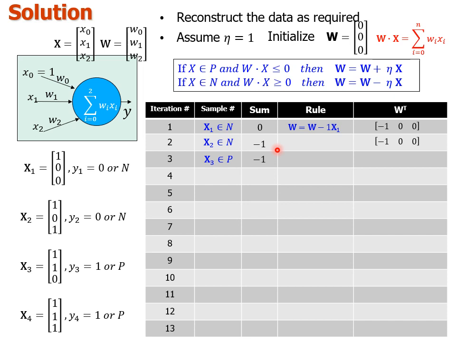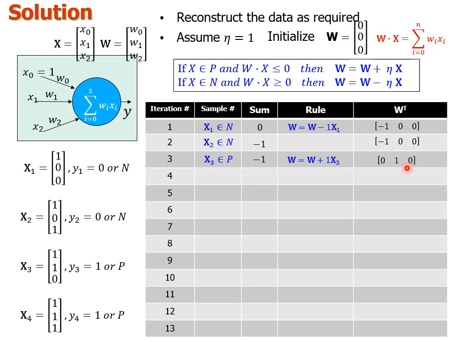Now as x3 belongs to the positive class and the summation is negative, that means there is a mismatch of the original label and the computed label, and hence we need to update the weight vector as w equal to w plus 1 into x3, and hence the new w is computed as 0 1 0.